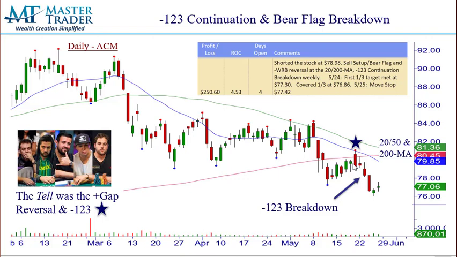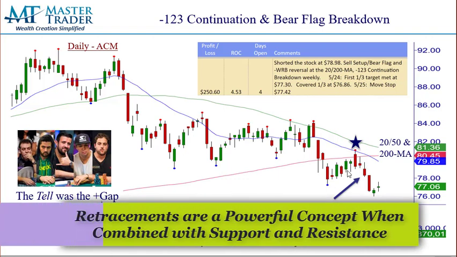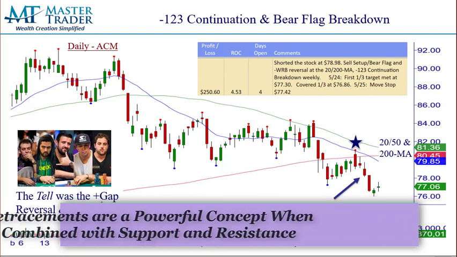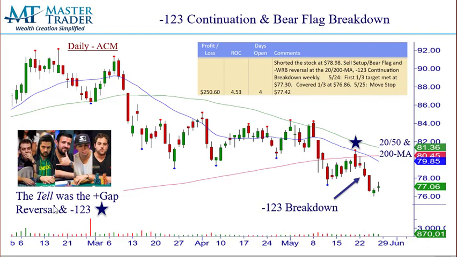It's what classical technicians would call a bear flag, but to us it's just bearish consolidation in a downtrend. This star right here, we use the term the tail, kind of from a poker analogy. It's like, aha, you've now shown your hand, and I have my high probability setup right now.